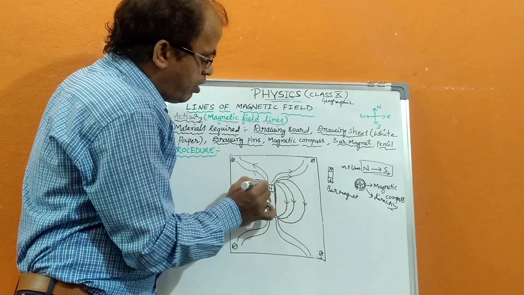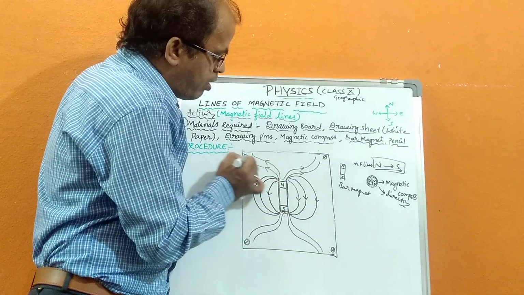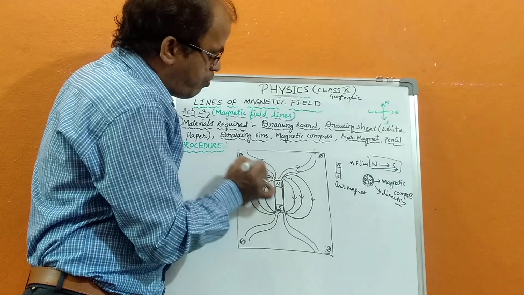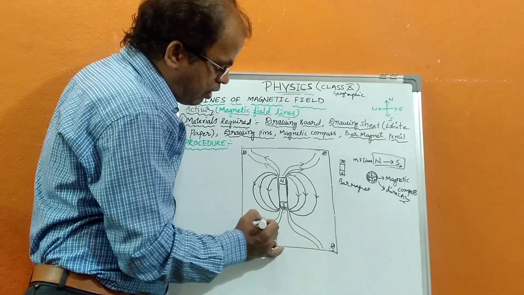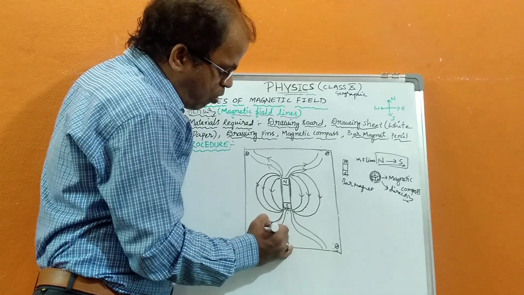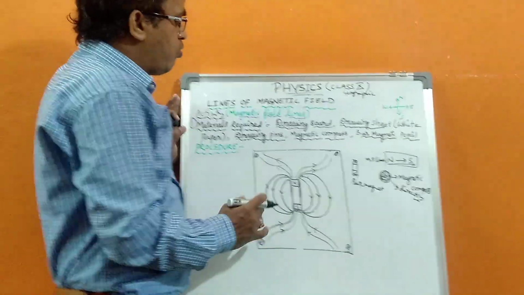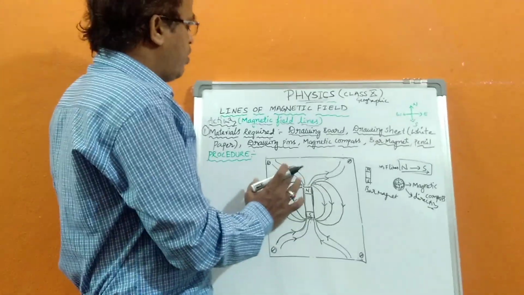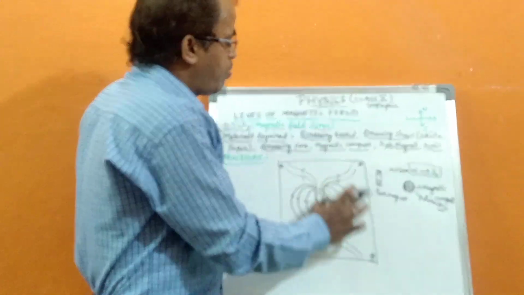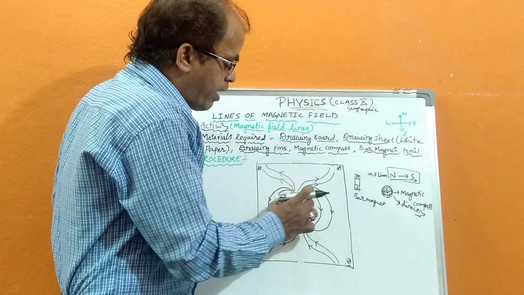It means the magnetic field lines are moving away from, or leaving, the north pole and entering into the south pole. So here we keep the arrow in this direction. This shows the lines of magnetic field. It means the lines which are drawn showing the effect of the magnet.